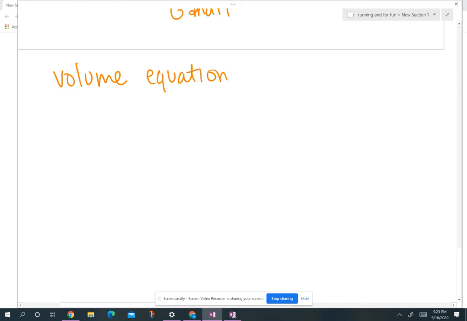So, the volume of a cube. If you were to draw a cube, I'm sorry, it's not the greatest cube on earth, but it's a cube. Don't forget that for the volume of a cube, you're going to go length times width times height. This is going to be your height, this is going to be your length, and that's going to be your width.